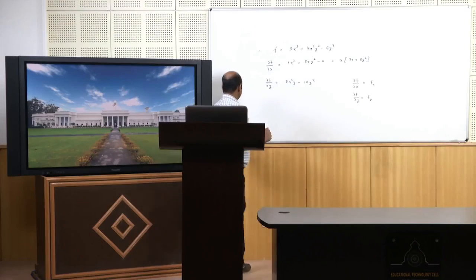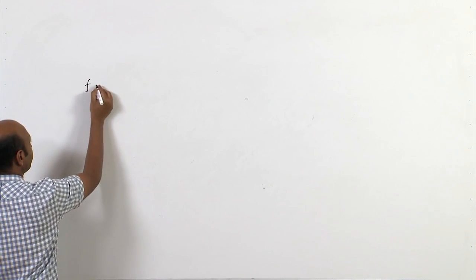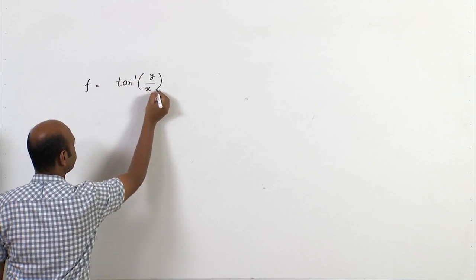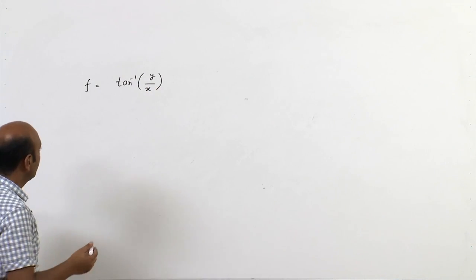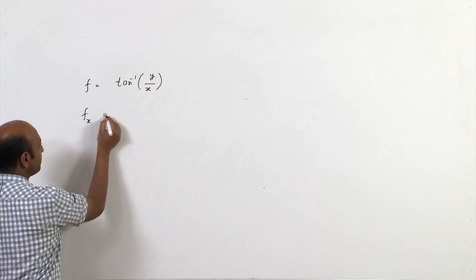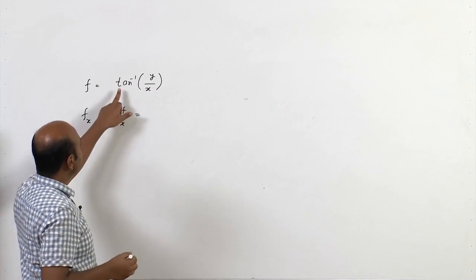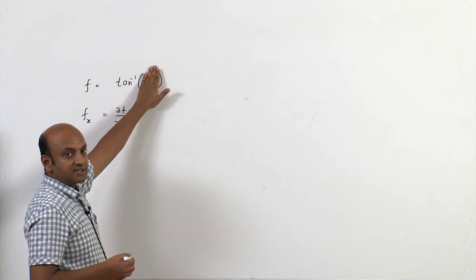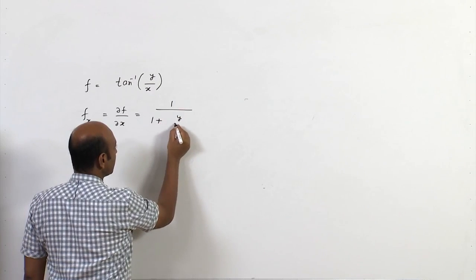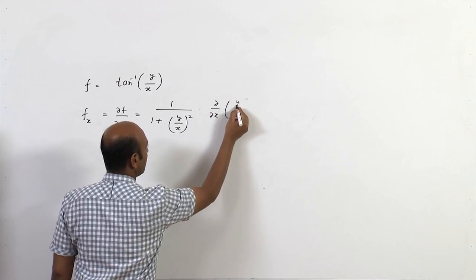Now, the next problem. Now, f is tan inverse (y upon x), okay. Now, what is fx? Fx simply means del f upon del x. Okay. Now, if you want to compute this, it is tan inverse of something t. Derivative of tan inverse t is 1 upon 1 plus t square, and then del by del x of t, which is y upon x.